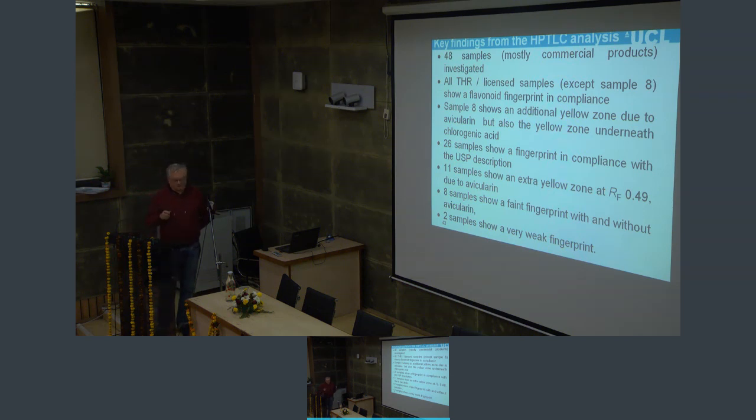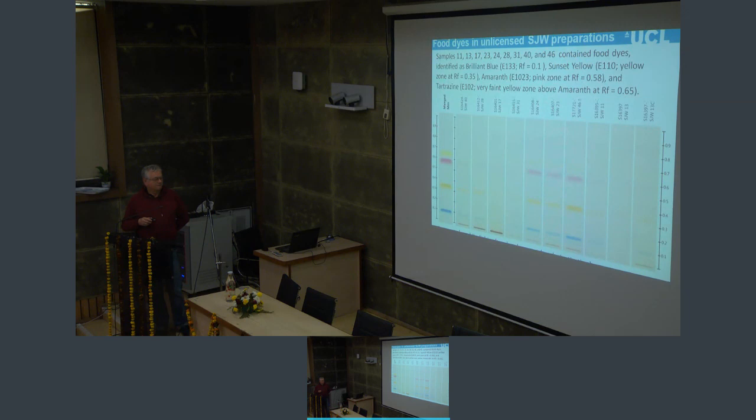And now what we are going to do is we're using these unusual samples and try to understand what is going on there. One thing we identified as a very problematic case is we found 8 samples which contain food dyes, synthetic food dyes.